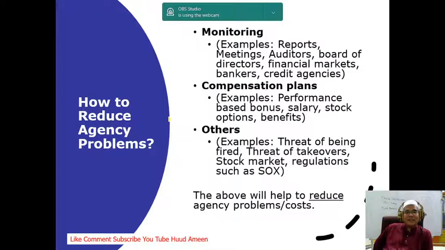Board of directors, might be the company has their own board of directors. Appoint board of directors, financial markets, bankers and credit agencies.